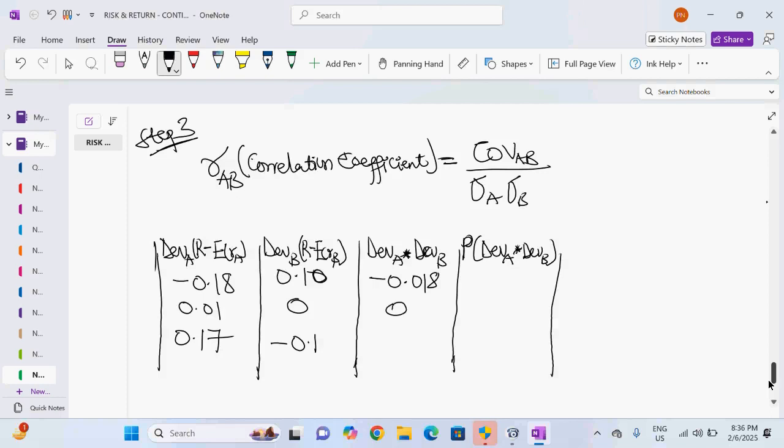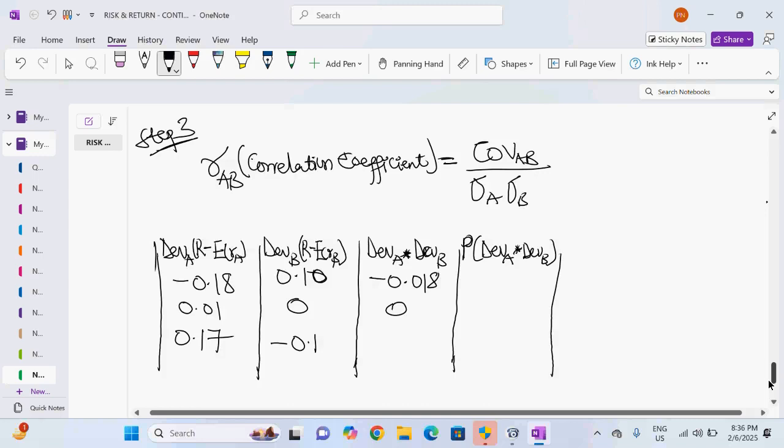And this is 0. And this is what? 0. Negative 0.017. Negative 0.17.